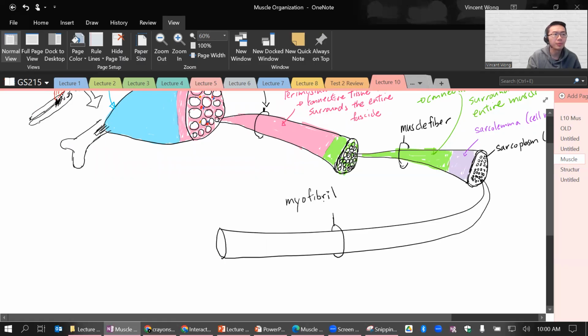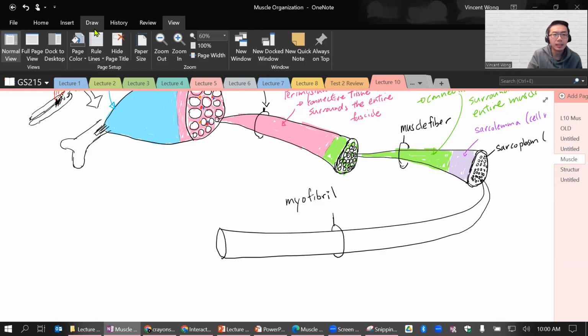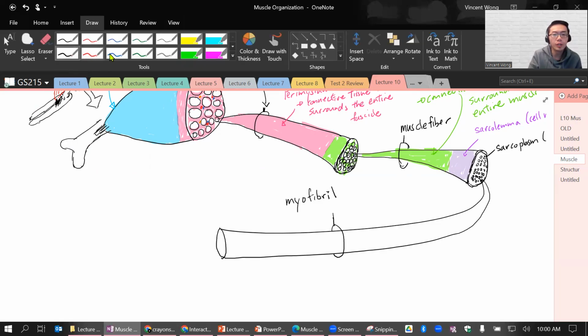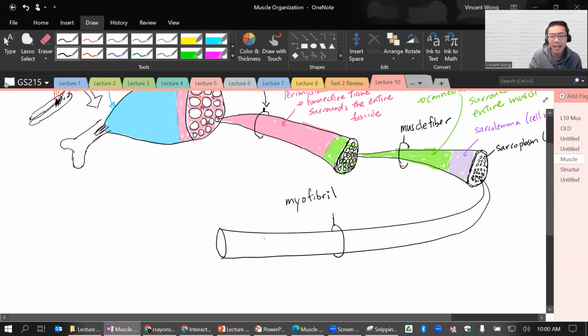Okay, myofibril. So it's all over the cytoplasm. It's very long. And the myofibril is made up of repeating units that are connected end to end. Right, so that's one of another one.